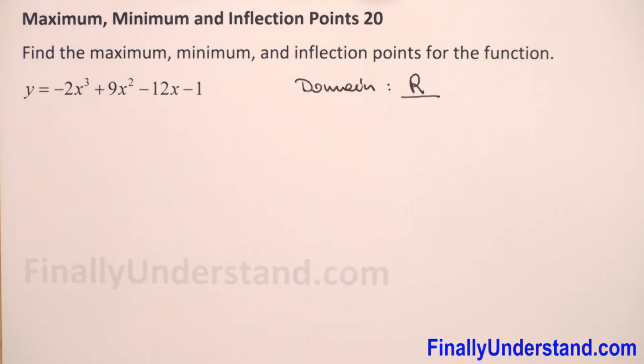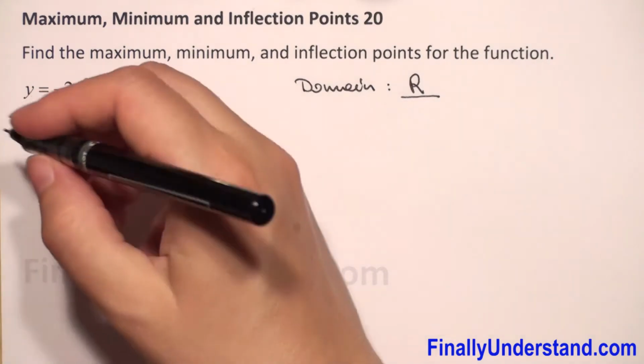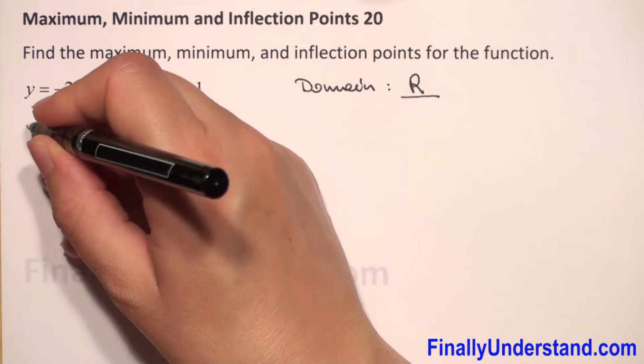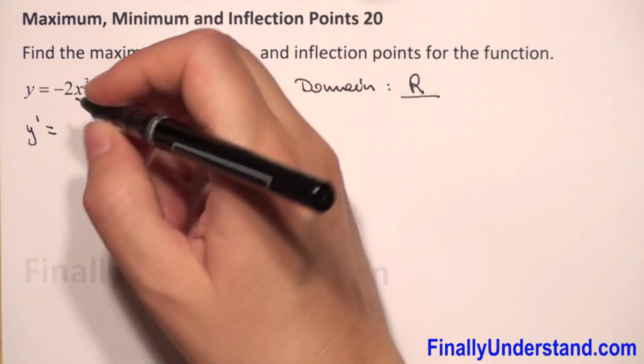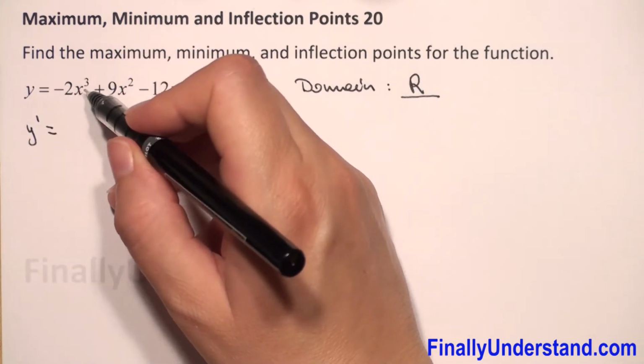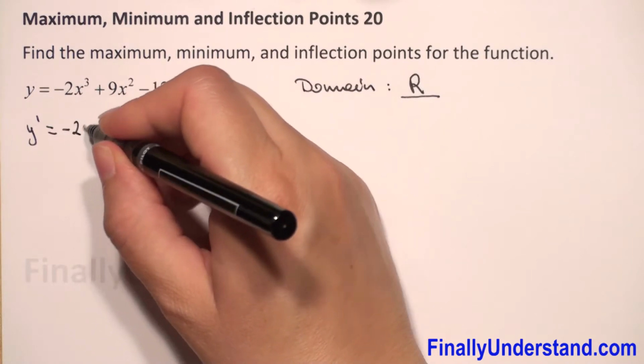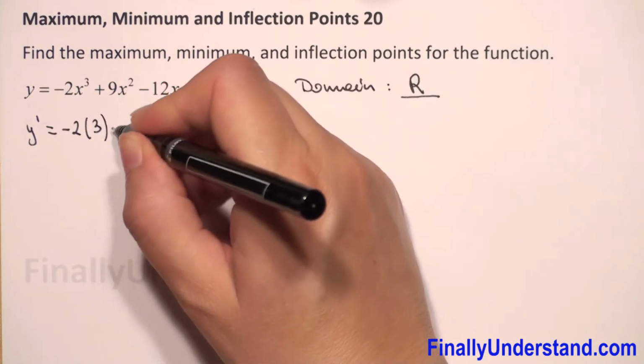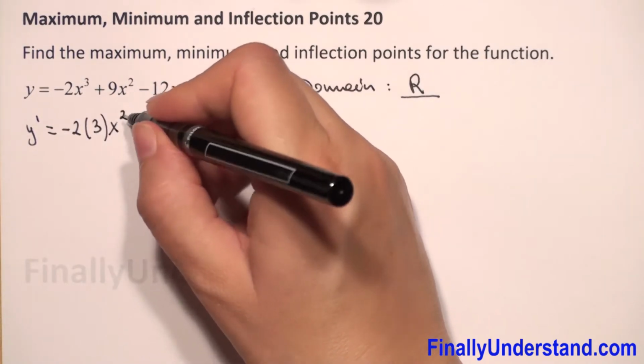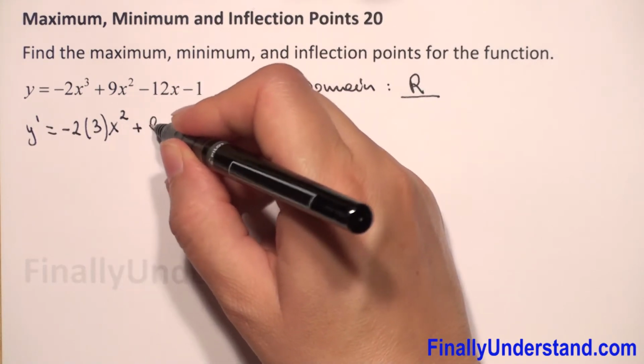Next, we have to find minimum, maximum. We will use the first derivative test. So we need the first derivative of our y function. Y prime is equal to the derivative of negative 2x to the third, which is negative 2 times 3 times x to the second power, plus 9.